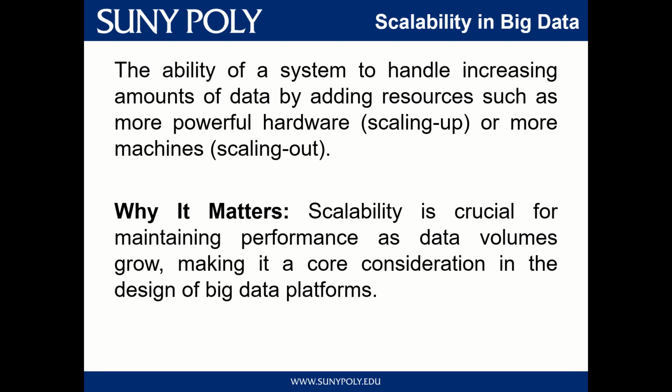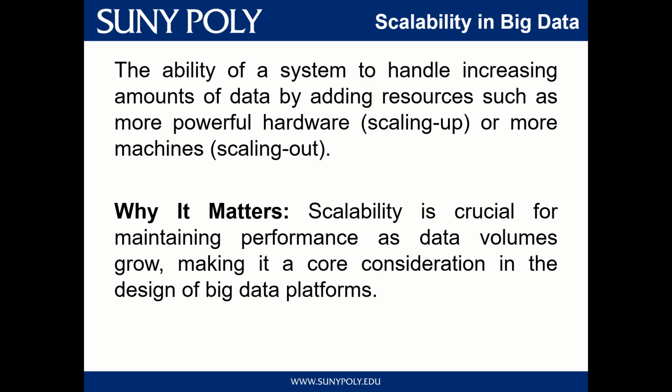Okay, so the first key component is scalability. So what is scalability? It's basically the ability of a system to handle increasing amounts of data. There are two types of scalability. We can scale up, or we can scale out. So what's the difference between them?